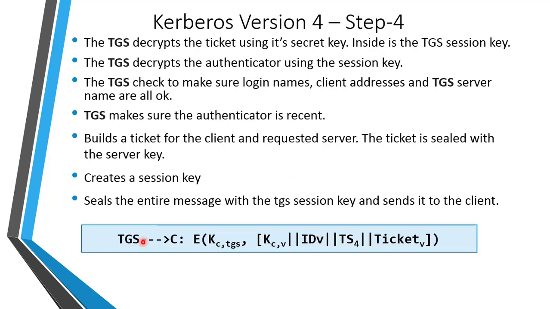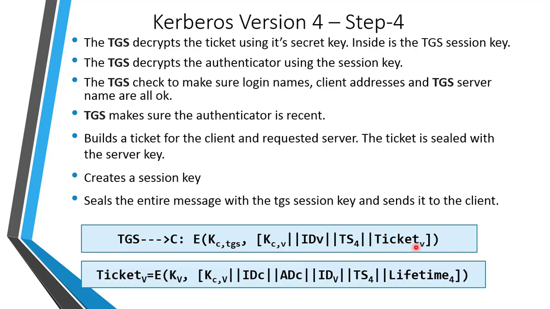So now the TGS will send the ticket of the application server to the client and encrypt the whole message with the secret key shared between the client and the TGS, in which it also gives the secret key shared between the client and the application server, the ID of the application server and a timestamp. Here the ticket is also encrypted with the secret key of the application server so that this ticket is not decrypted or visible to the client.